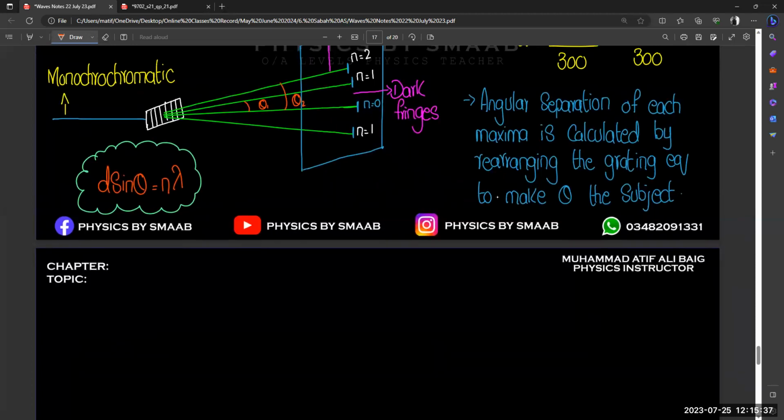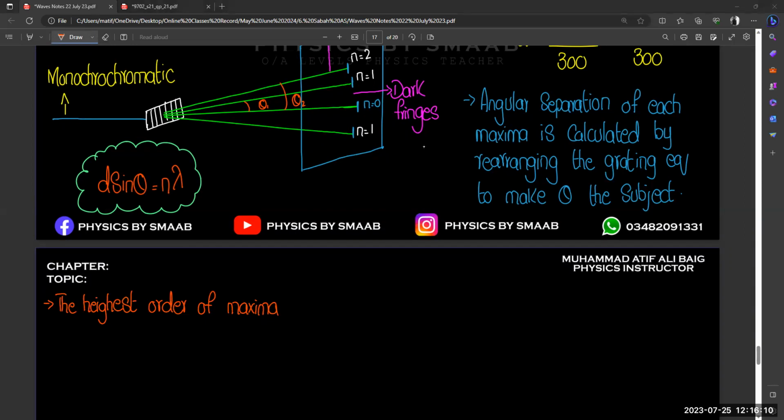So at which angle is the highest order of maxima possible?